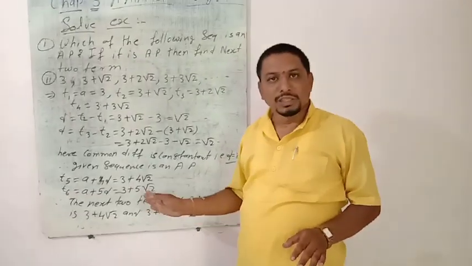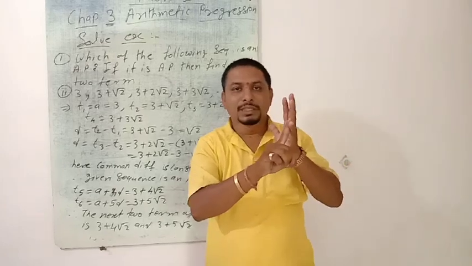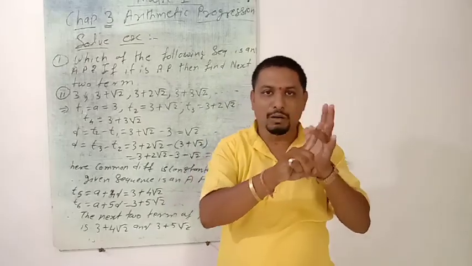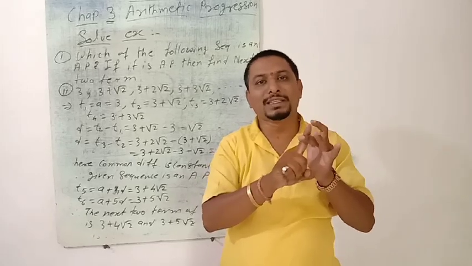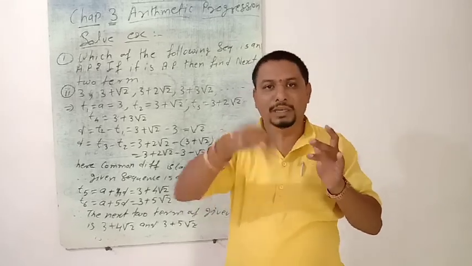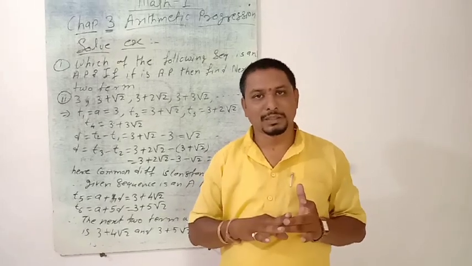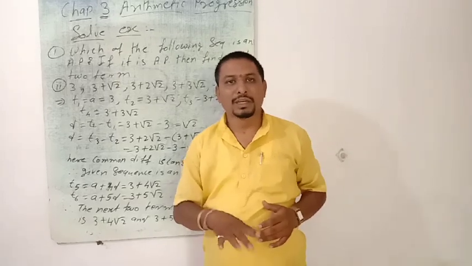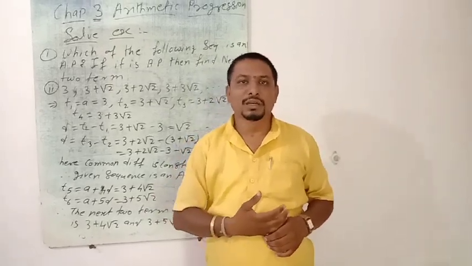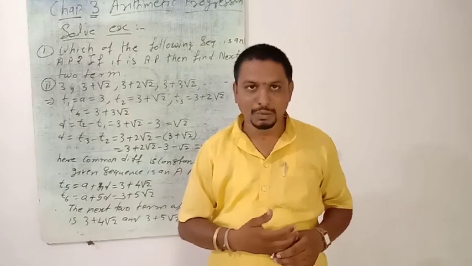That is, what is meant by a sequence, what is meant by an arithmetic progression, and finding the value of another term of a given sequence. Okay, so complete the first day's topic, and the rest of the topic we will continue in the next video. Okay, thank you, welcome.